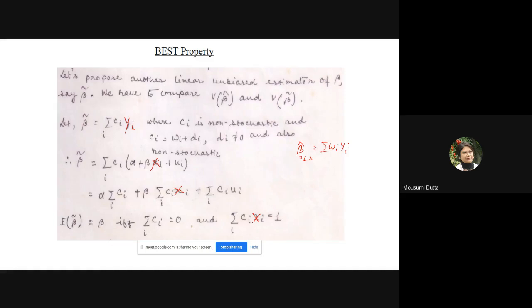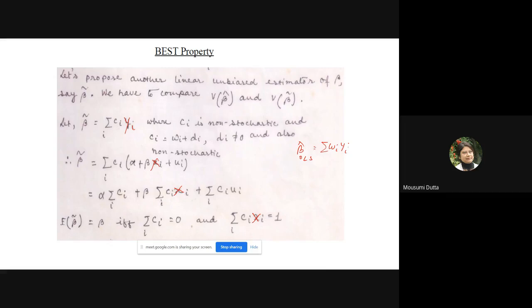Okay, simple thing. In the next step, I have in my hand another property apart from linearity: unbiasedness. I'm posing beta tilde in such a way that it is a linear and unbiased estimator of beta.